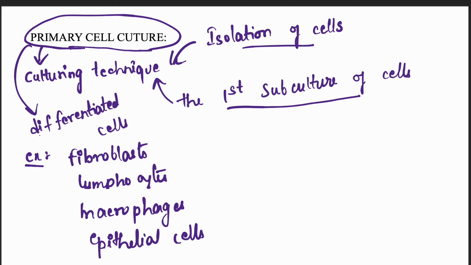Fibroblasts, lymphocytes, macrophages, epithelial cells are the examples of these differentiated cells which are grown under primary cell culture.